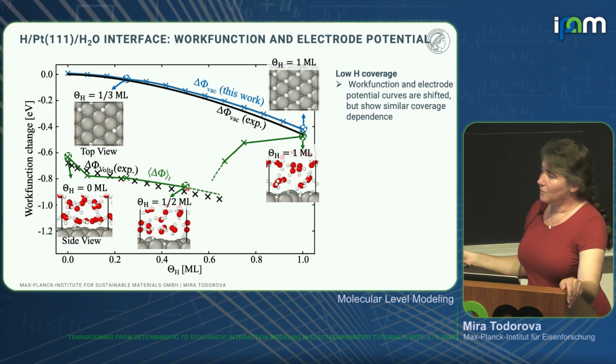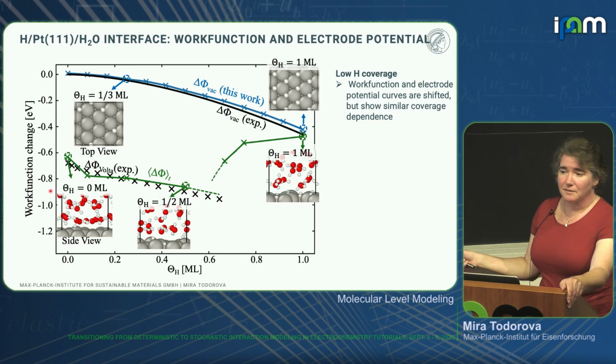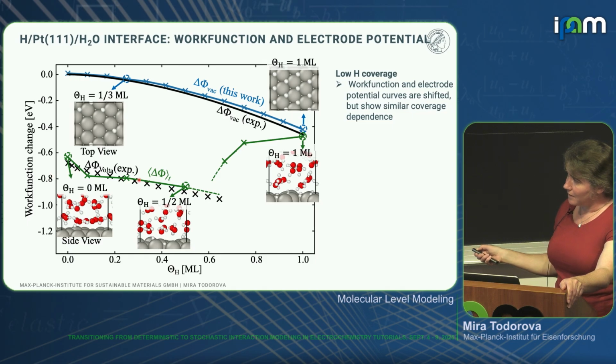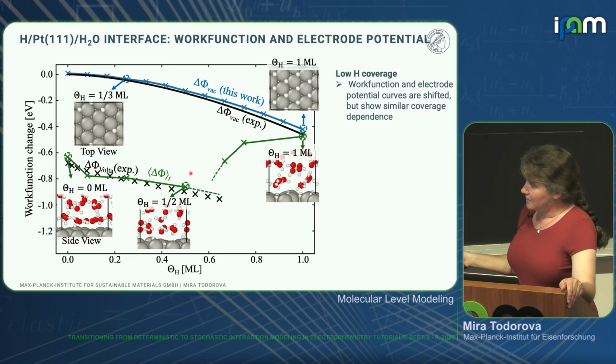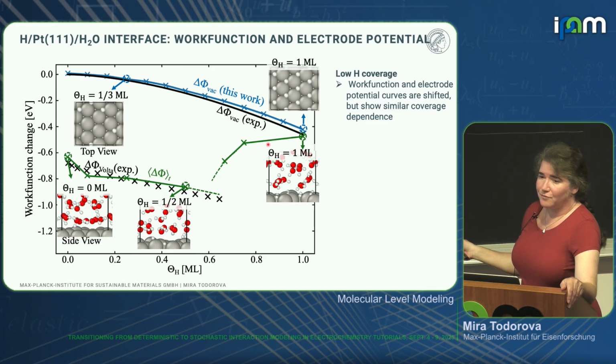You see we follow quite nicely the experimental curves for the points that we have calculated. You also see that at this point, we have a reversal of the slope. And when we go to 1 monolayer, we are very close to the value that we would have in vacuum, so if we didn't have any water around.